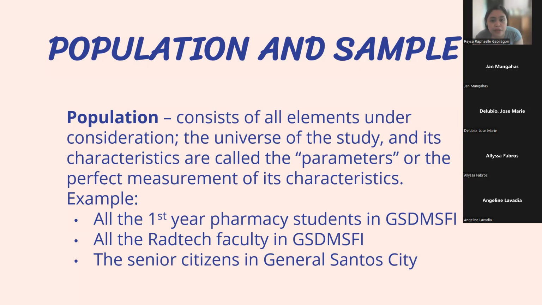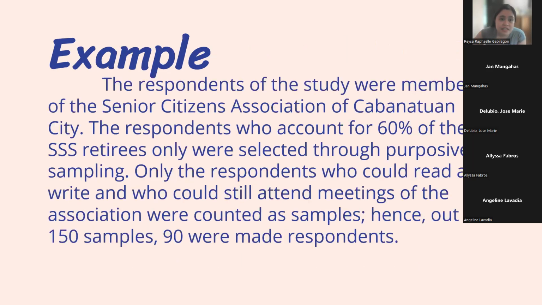For example, you want to study pharmacy students, of course your population will be all the first year pharmacy students. If RadTech faculty, all of them are your population. And the senior citizens in Gensan. So all the seniors in Gensan are your population. Again, these will be your respondents or participants or subjects in the study.